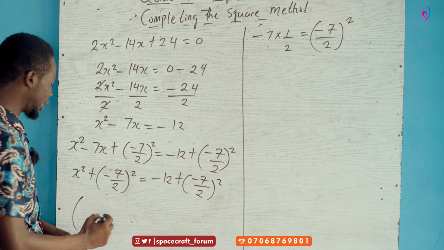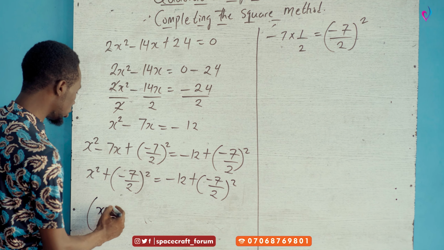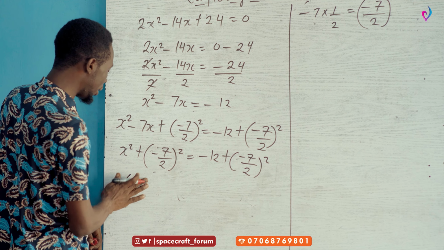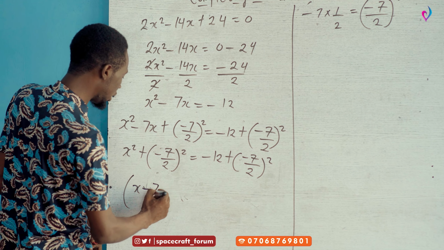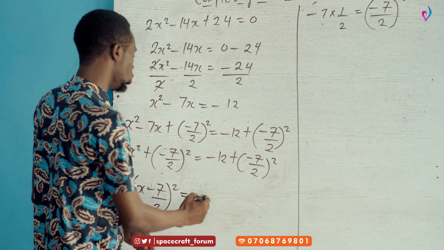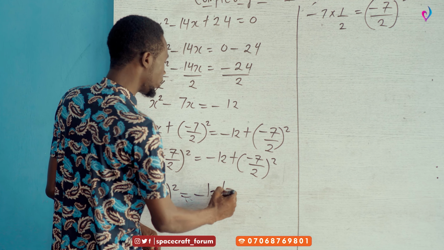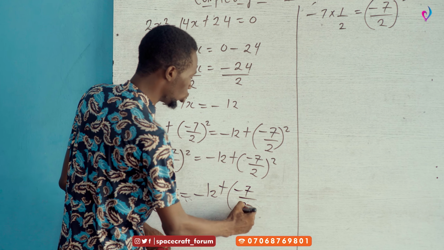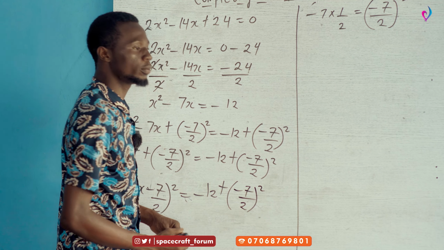Inside a single bracket, we have x plus minus, because plus times minus is minus, which is x minus 7 divided by 2 all squared is equal to minus 12 plus open bracket minus 7 divided by 2, then everything raised to power 2.